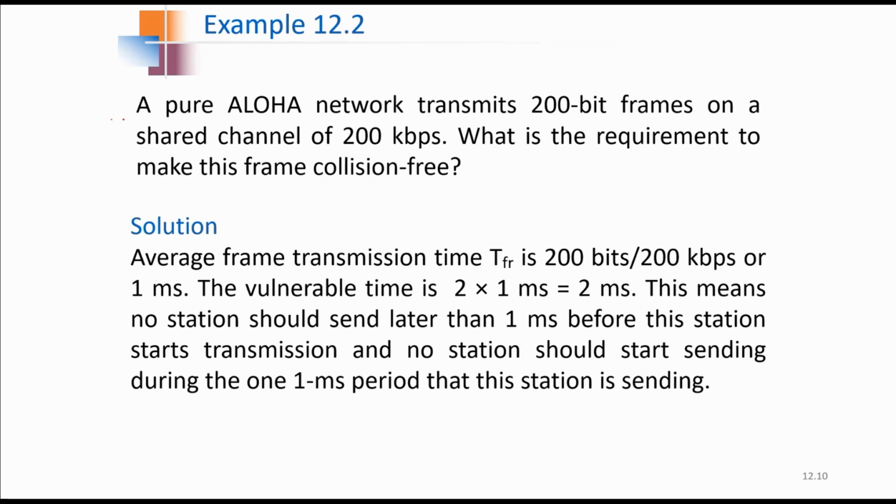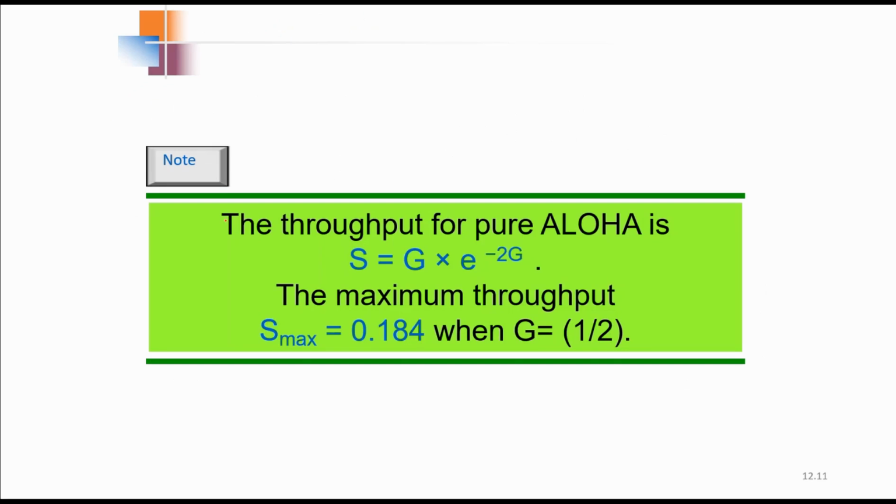So here a question is given. You can just see that question. In case of pure Aloha, the throughput is given by S is equal to G into e to the power minus 2G. And the maximum throughput, that is S maximum, is equal to 0.184 when G is equal to half.